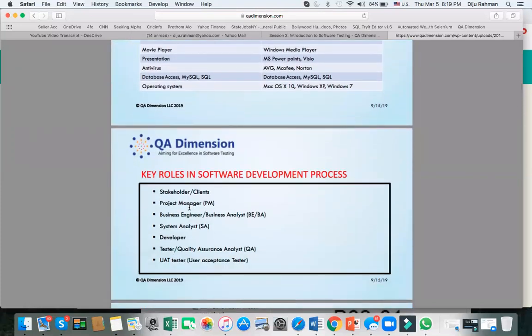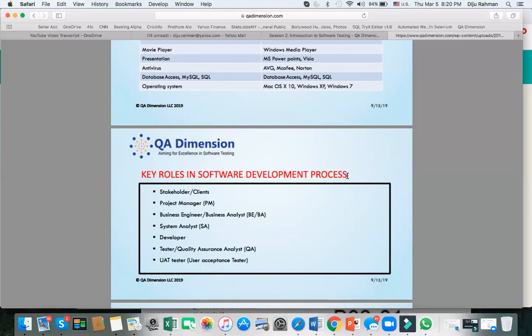Okay. So the next is key roles in the software development process. Let me phrase what the software development process is. The software development process is the way we make software. Think about it. If you want to build a house, you have to have a plan, or a way to build a house. Same thing with software.